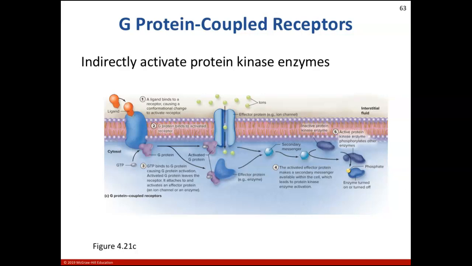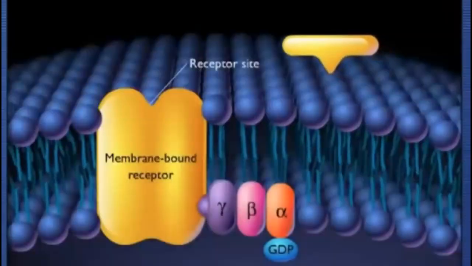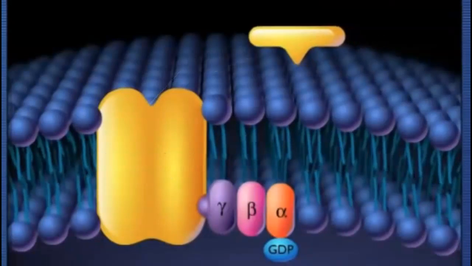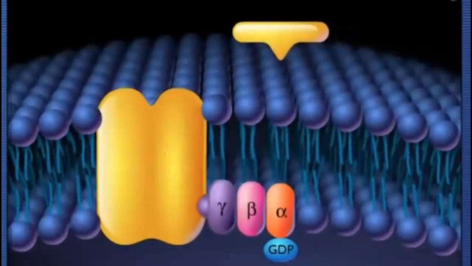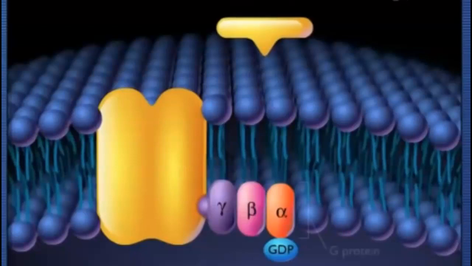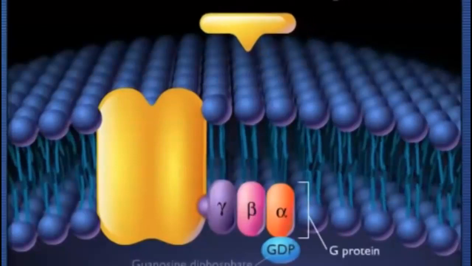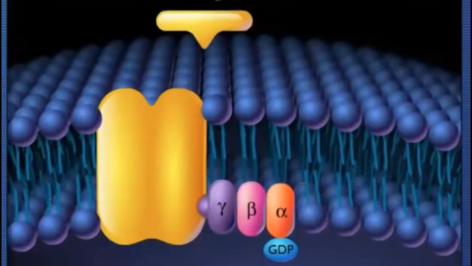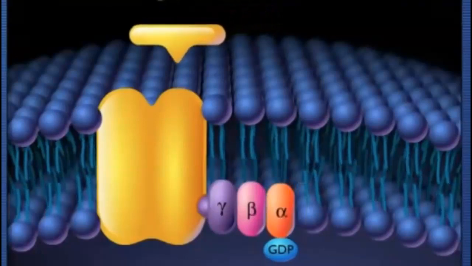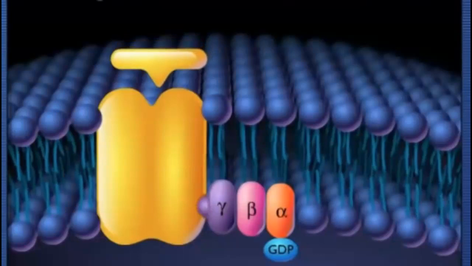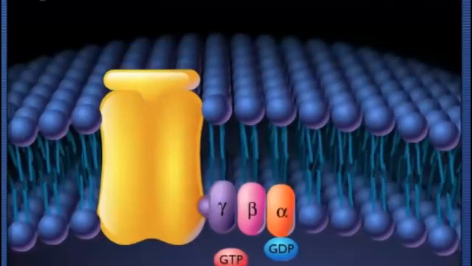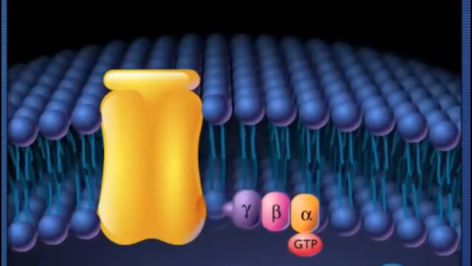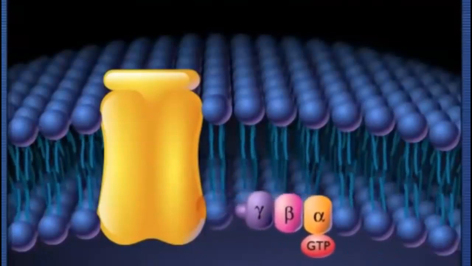Site for a small molecule called a ligand exposed on the outside of the cell. The portion of the receptor on the inside of the cell can bind to the G protein, which has a guanosine diphosphate attached to its alpha subunit. When the ligand binds to the receptor site on the outside of the cell membrane, the G protein changes conformation, and guanosine triphosphate replaces the guanosine diphosphate on the alpha subunit of the G protein.